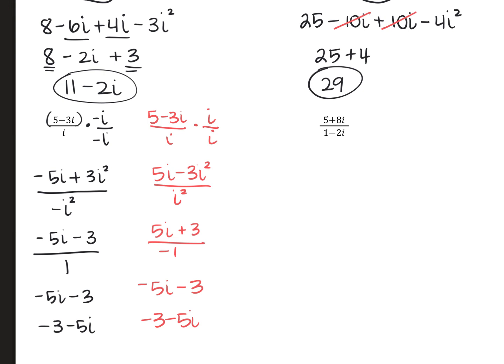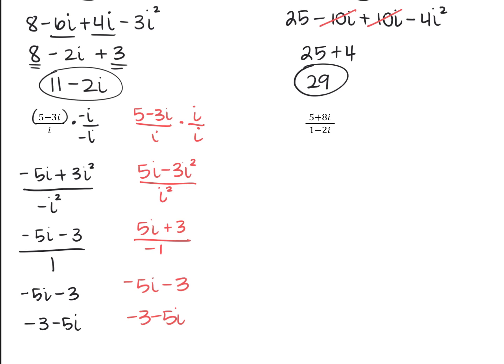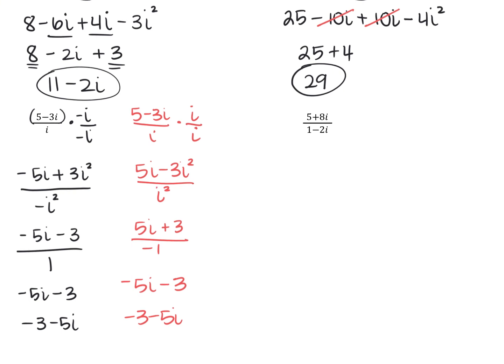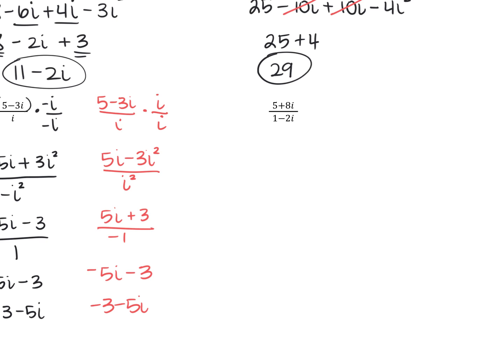So what happens if we're dividing and we don't have just i in the denominator? Like we have in our next example, 5 plus 8i all over 1 minus 2i. Very similar to when we had addition or subtraction in the denominator with radicals, where we multiplied by its conjugate. Here, we're going to multiply by its complex conjugate.